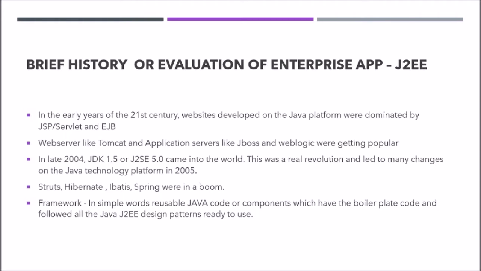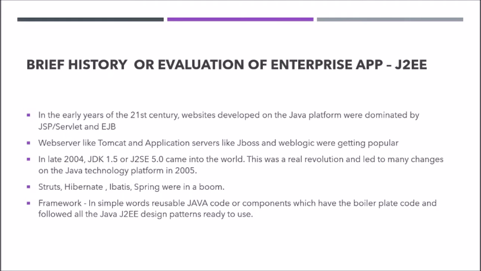So there was a need for reusable code of a higher standard, that follows Java design patterns or J2EE design principles, and that can be reused when you develop an enterprise application.